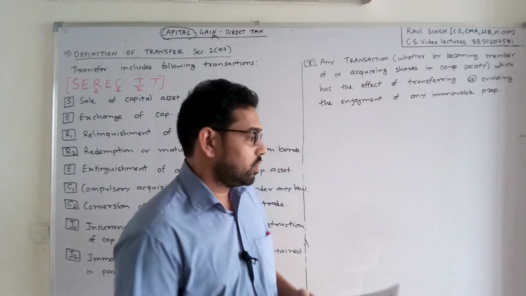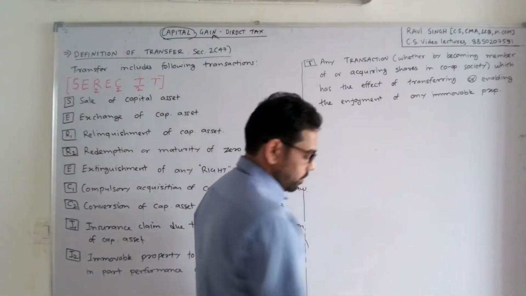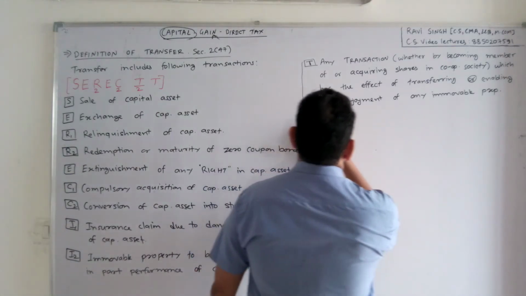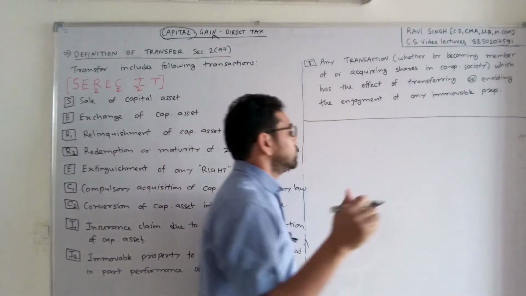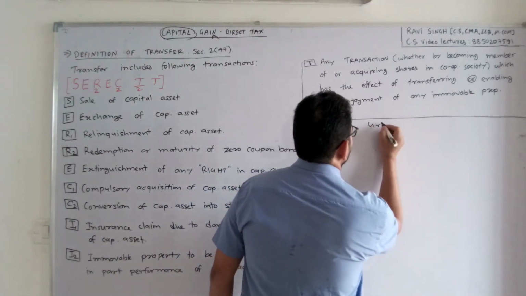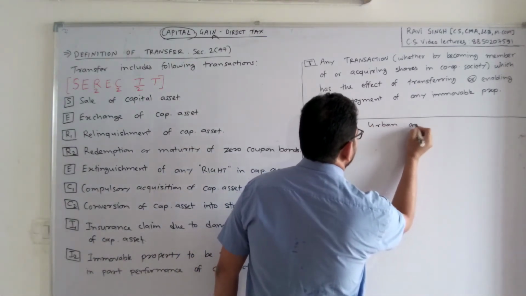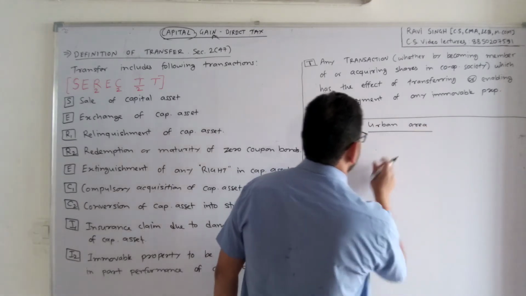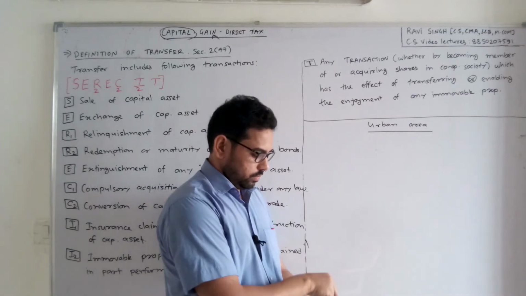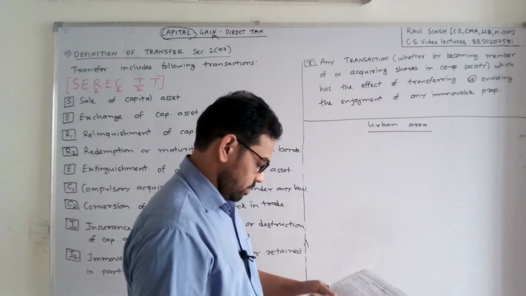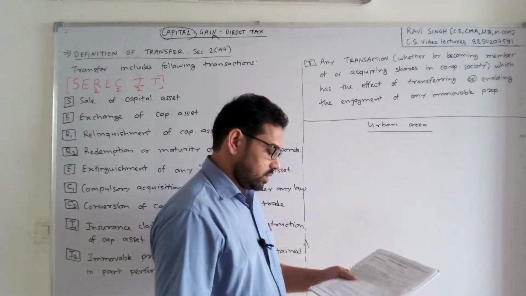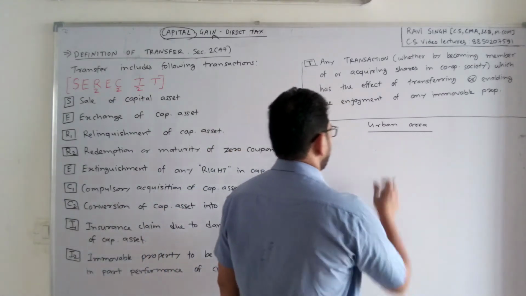Now first of all you have to understand the meaning of urban area, because whatever I have read I am sure आपको कुछ समझा नहीं होगा. So we are learning the meaning of urban area. Now read it carefully what is given in the notes. Any area, municipality, cantonment board, panchayat, whatever, which has the population of 10,000 or more.